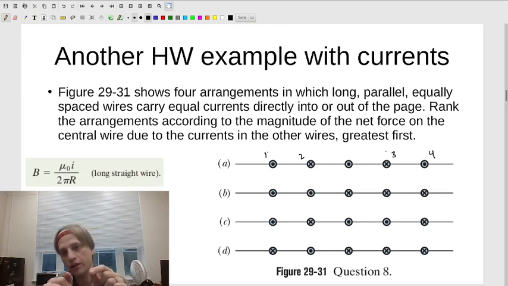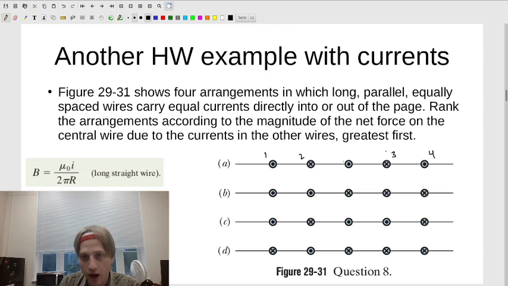The other relevant piece of information here is that because of the way the magnetic field scales, if two wires are close together, the force will be bigger than if they are far apart. So let's look in this picture. 2 and 3 are closer to that middle wire than are 1 and 4. So in this case, my big forces would be from 2 and 3.